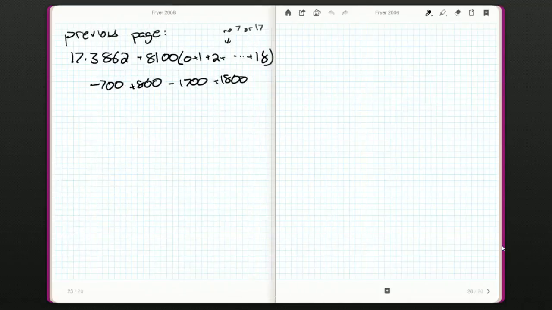Alright, so 3862 times 17, that's 65,654, minus 700, plus 800, minus 1700, plus 1800. So we get 65854.